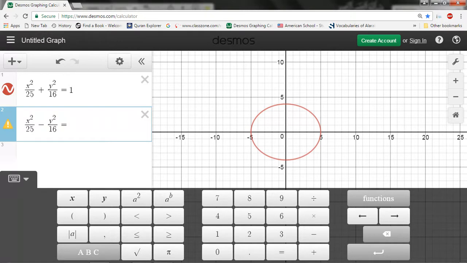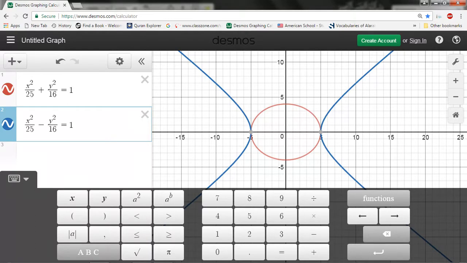Here it says x squared over 25, y squared over 16. This is the ellipse that we just drew. Over here I have almost written the equation of the hyperbola. If I put that 1 over there, then we'll complete that equation, and then we'll have a hyperbola. The only difference here is this negative sign. And look what happens when you do that. Ready? On the count of 3. 1, 2, ta-da. Look what a remarkable difference it is when you make that tiny difference.